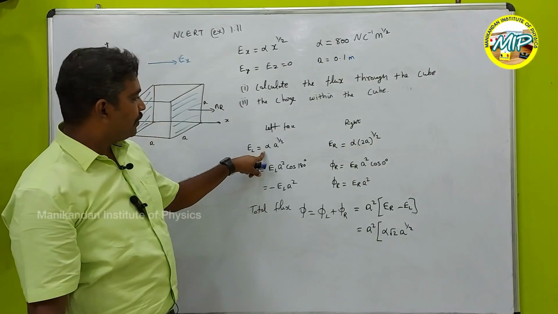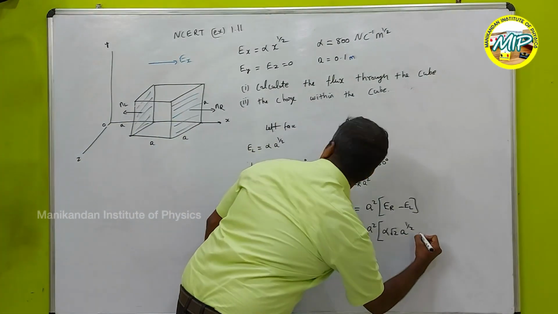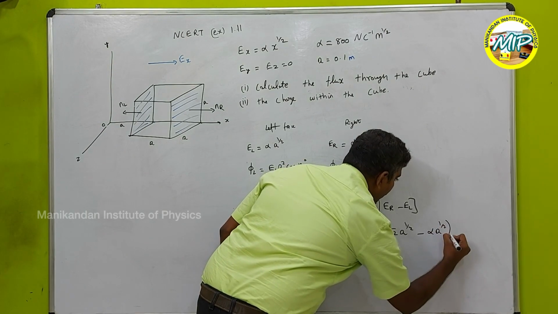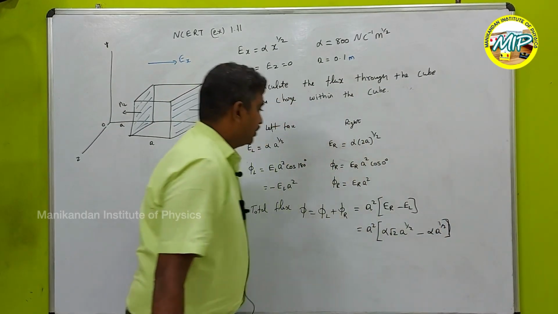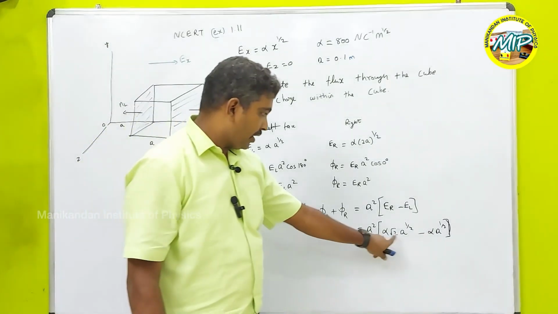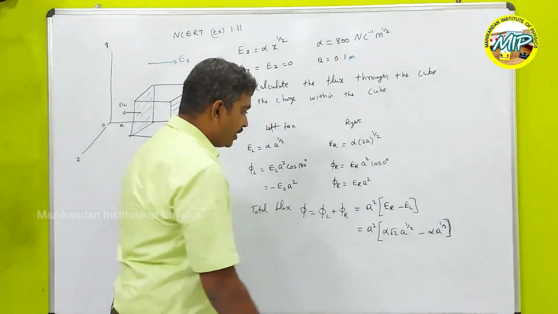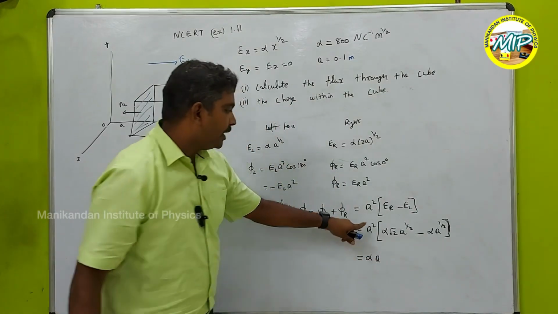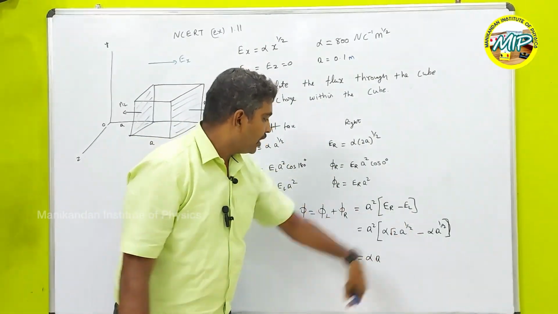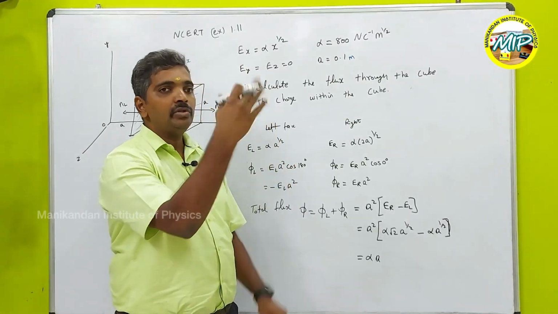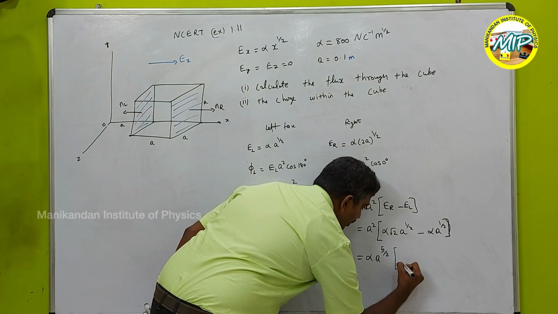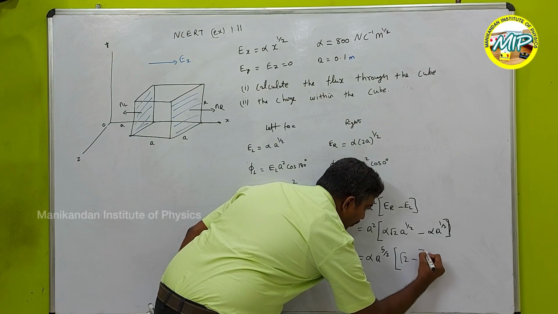Next I am going to substitute this value from here. It's going to be alpha times a power 1 by 2. So in this case alpha is common and a power 1 by 2 is common. So I can simply write alpha times a power, already a square is there, a power 1 by 2, a power 1 by 2 plus 2, that is 5 by 2, a power 5 by 2 times root 2 minus 1.